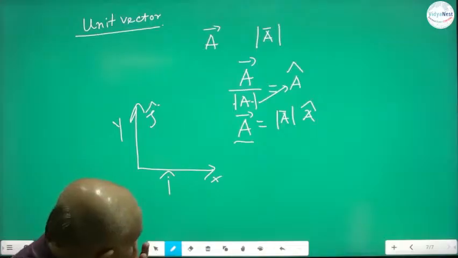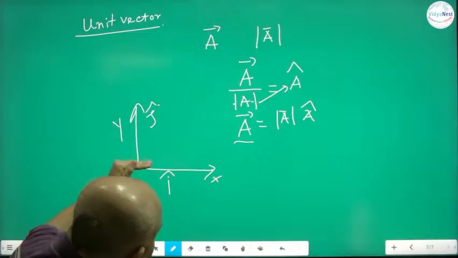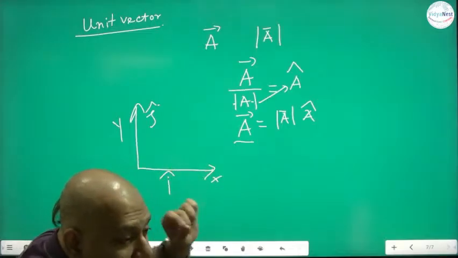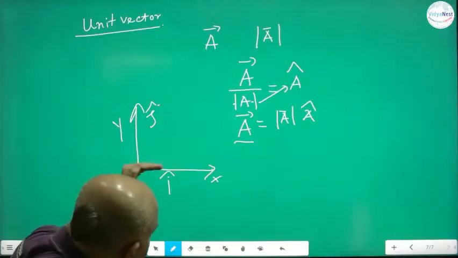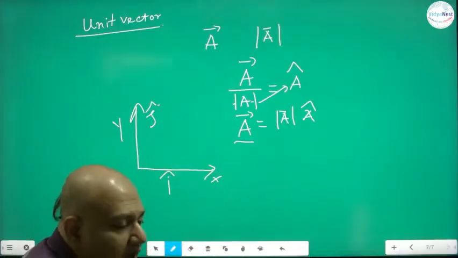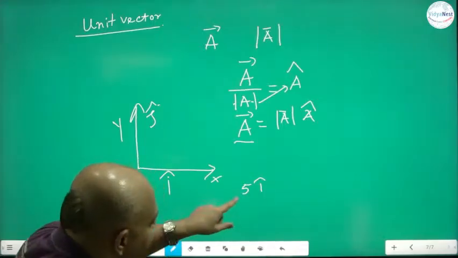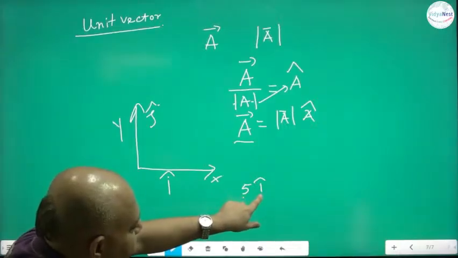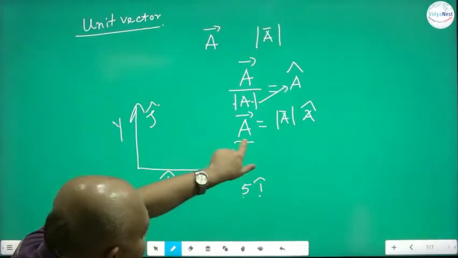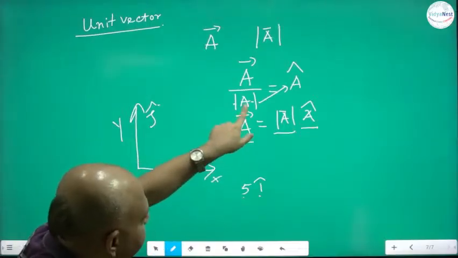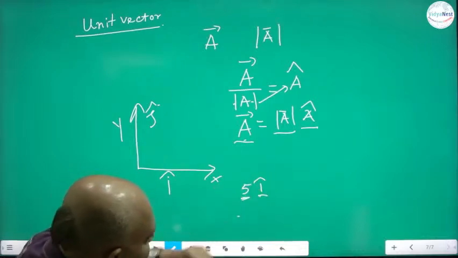So now, Saurabh, in the x-axis, if I tell a vector existing which has a magnitude 5, how can I write that vector? 5 I cap, because 5 is the magnitude multiplied by the unit vector, I will get the vector. Just like vector A is magnitude into unit vector. Similarly, the magnitude 5 multiplied by I is a vector along the x-axis.